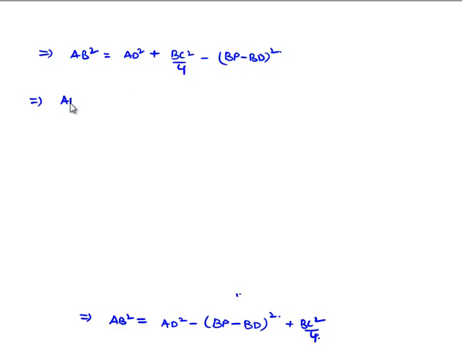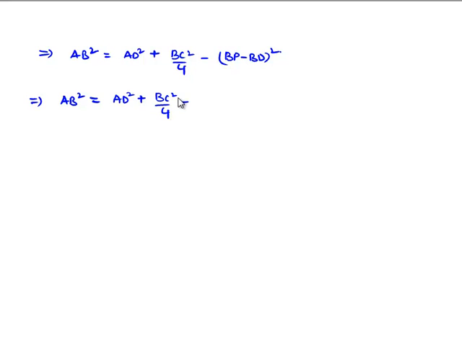which implies AB square is equal to AD square, let it remain as it is, plus BC square by 4 minus, let us expand in the form of A minus B whole square, that is A square plus B square, and here minus into plus is minus again, BD square plus minus into minus of 2AB, that is plus 2 into BP into BD, that is equal to AD square plus BC square by 4.